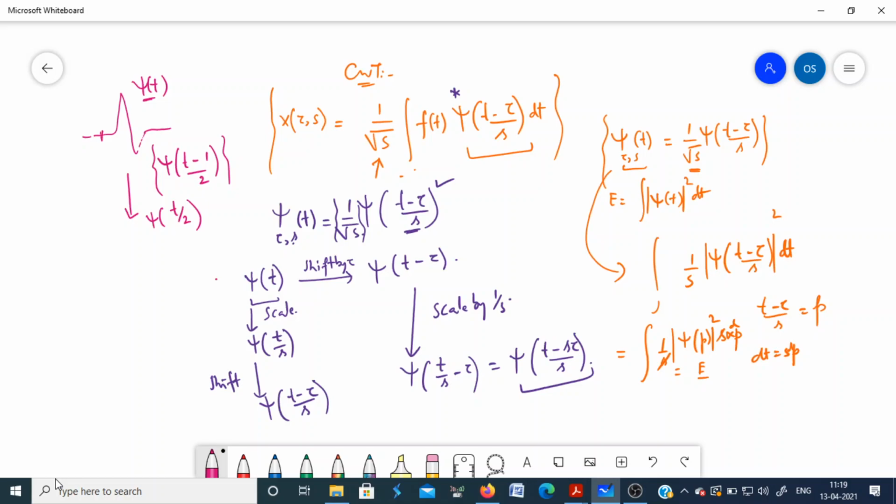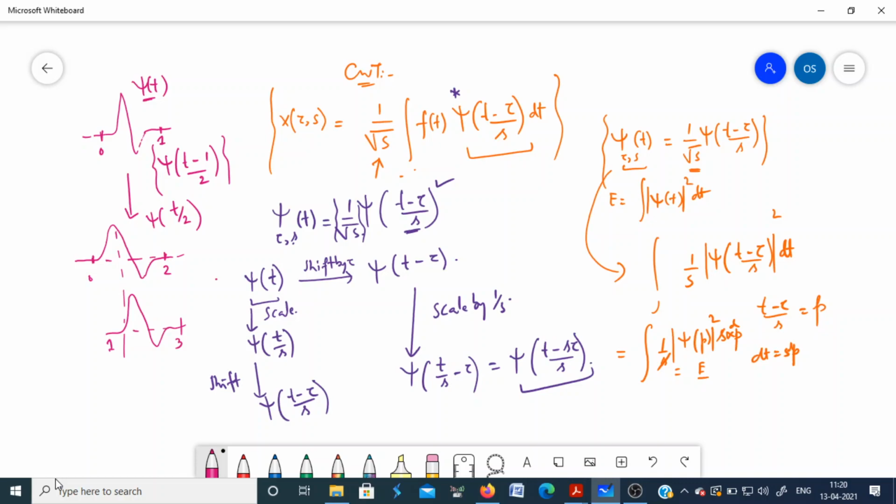Its time duration will become double, so it will become like this. So this will become psi of t by 2, and then you shift it by 1. Suppose it is 0 to 1, it will go from 0 to 2, and then you shift it by 1 to the right, so you'll get a function like this. It will start from 1 and end at 3.